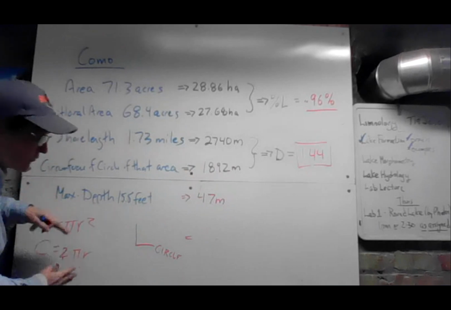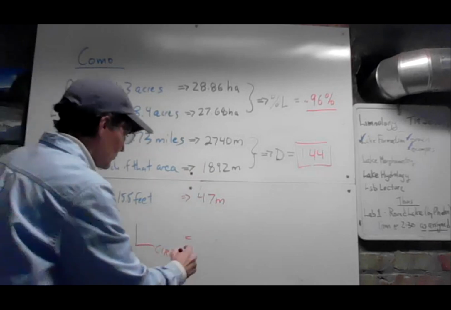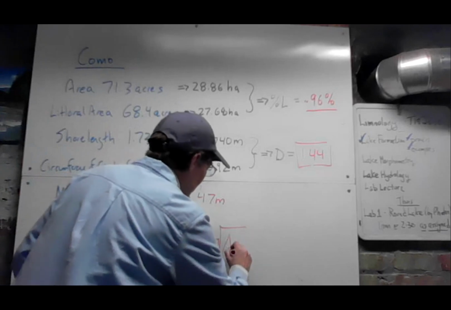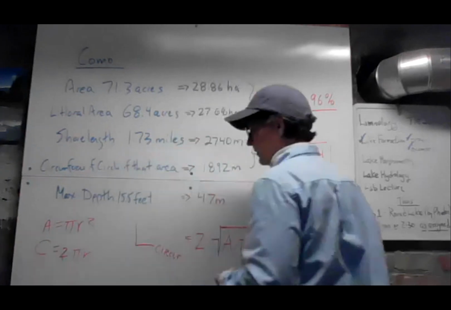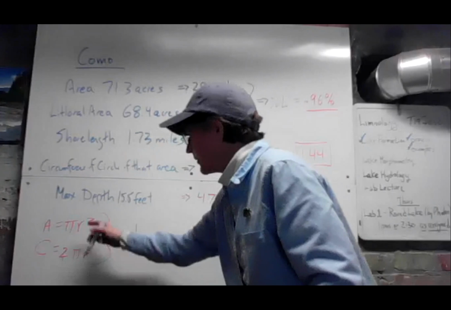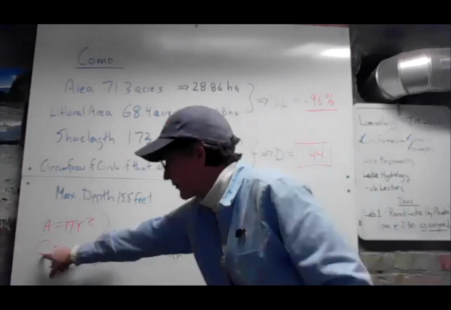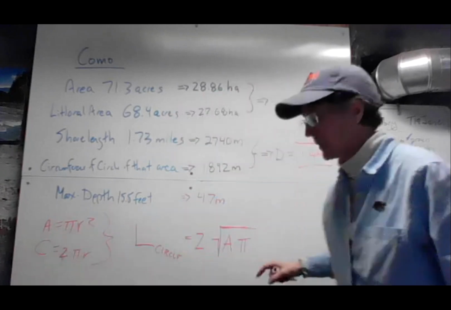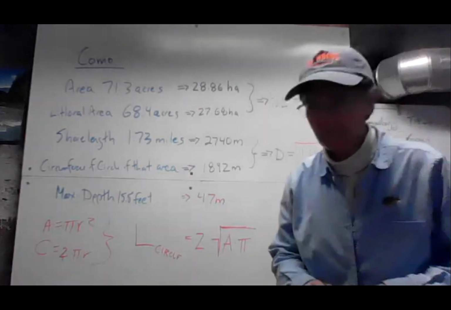You combine those two, and you get that the circumference is going to be equal to 2 times the square root of the area times pi. So you take these two, you combine them, and get circumference in terms of area. So that's how I did it.